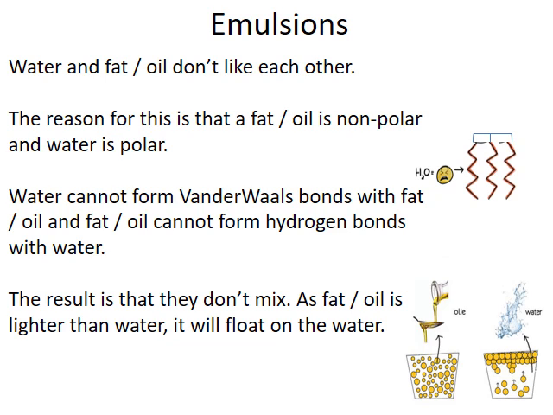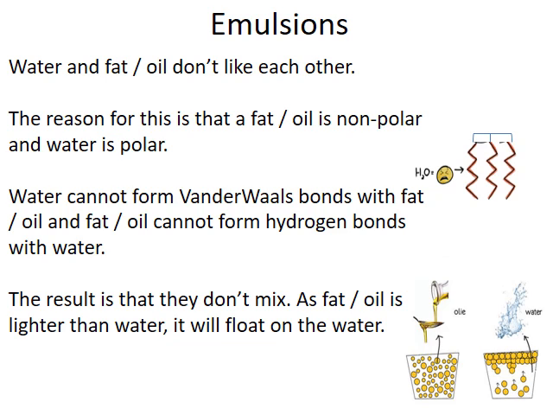I talked to you in the previous slides about emulsions and emulsifiers. So I have to explain to you what an emulsion is and what an emulsifier is. Well, we all know that water and fat or oil don't mix. And the reason for that is that fats and oil are apolar, don't have oxygen and nitrogen, and water is polar.